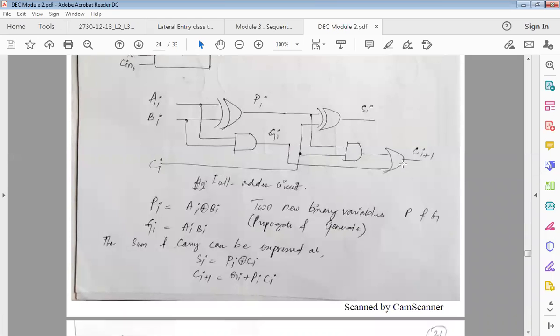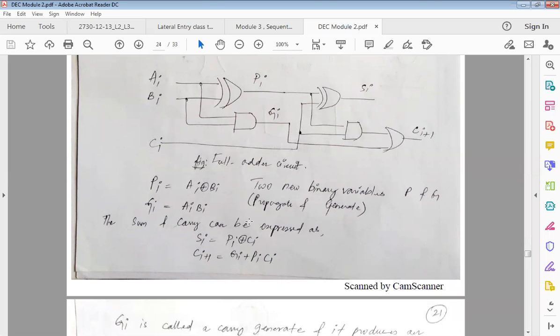Now if we have to write the terms of Pi and Gi using the inputs Ai, Bi, we can generate the equations in this fashion. Ai and Bi are XORed with each other. Ai and Bi are multiplied with each other because it's an AND gate. So Pi is equal to this equation, and Gi is equal to this equation.